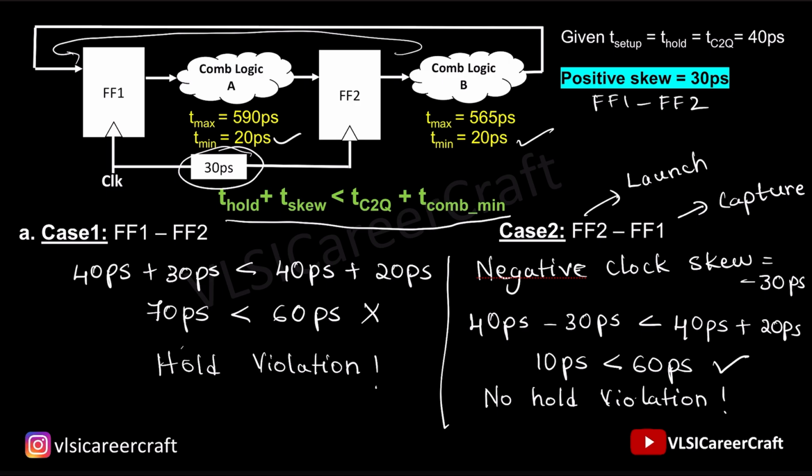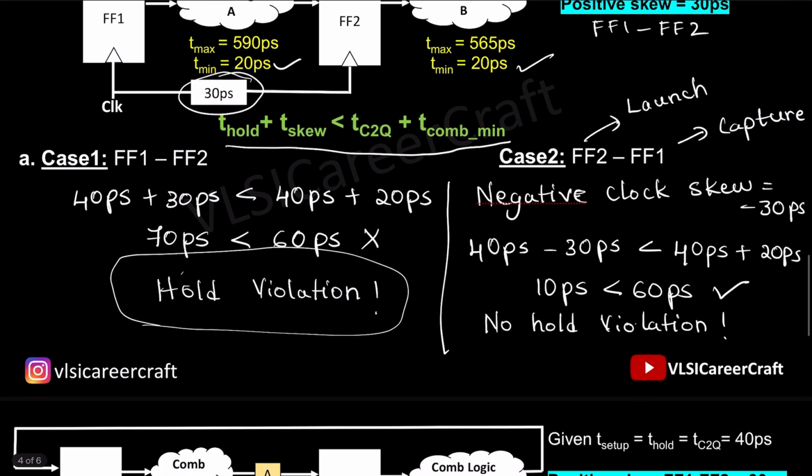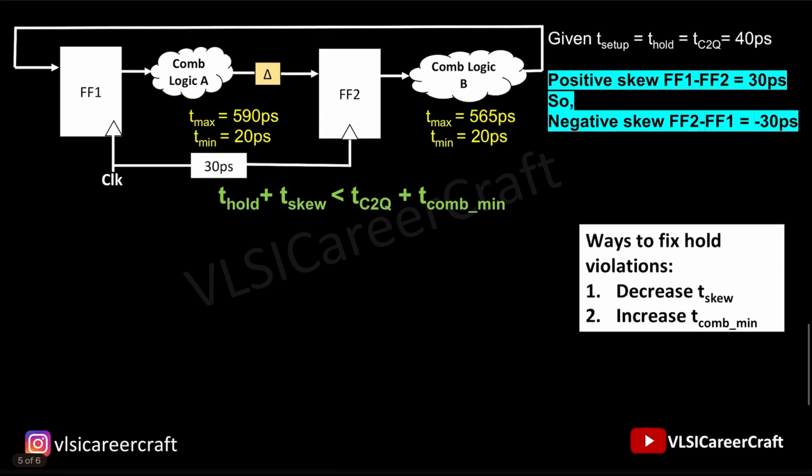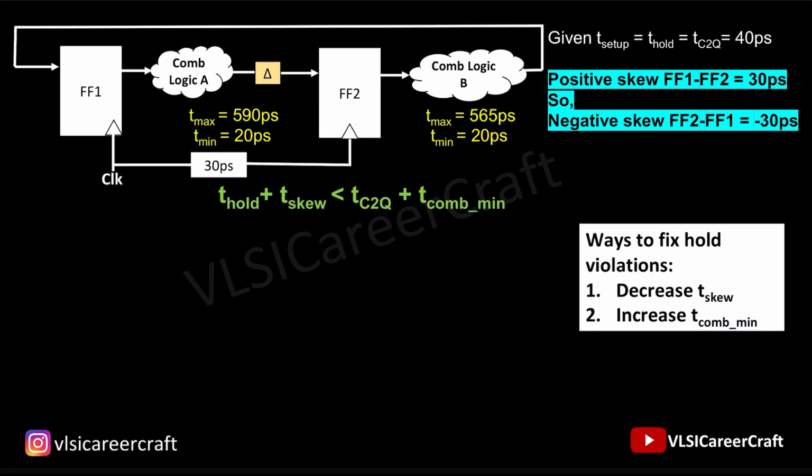So how do we fix this hold violation which exists in path 1? Let's see. So there are two ways we can fix this hold violation. If you observe this equation, we have two quantities which are fixed and which we cannot change. Those are T hold and T clock to Q. So we cannot do anything about these two.